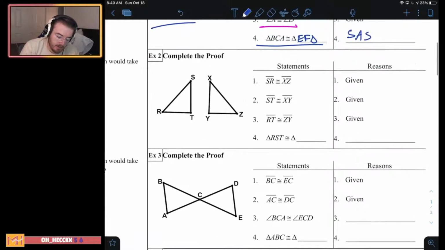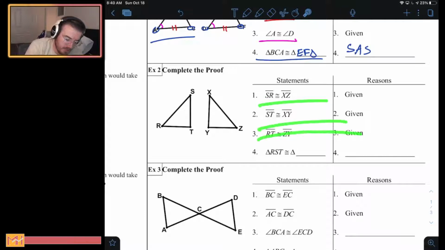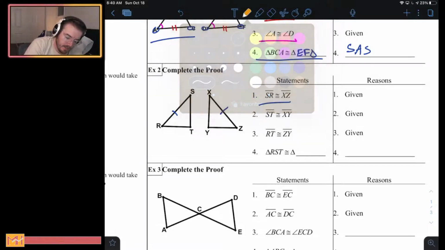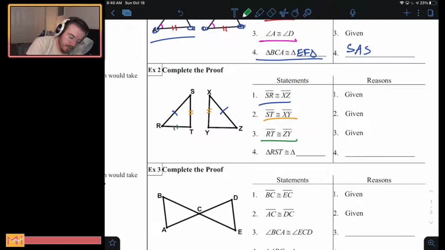So some of these start out super easy, okay? Where it's all given to us. They're not always going to be this easy. So here's SR and XZ. Here's ST and XY. And here's RT and ZY.